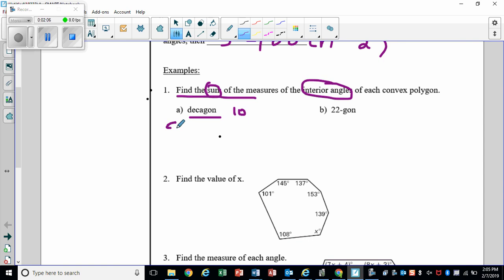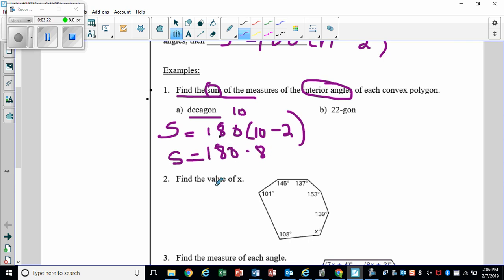So I'm looking for the sum, so all I have to do is 180(10 minus 2). You can put the whole thing in a calculator, or you can do 10 minus 2 is 8. So I will do 180 times 8, which is 1,440. Whichever way you decided to do it, that is fine.